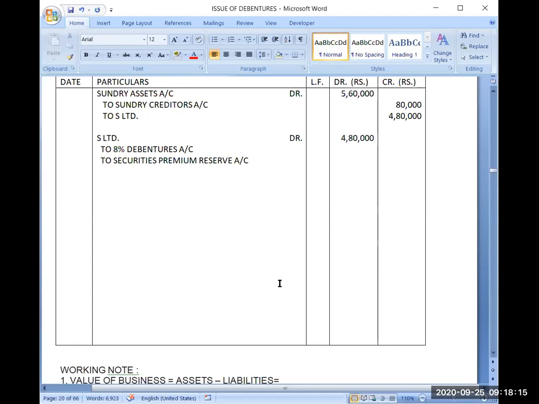And because the question is silent regarding purchase consideration, the purchase consideration will also be 4,80,000. So there is no issue of goodwill or capital reserve.